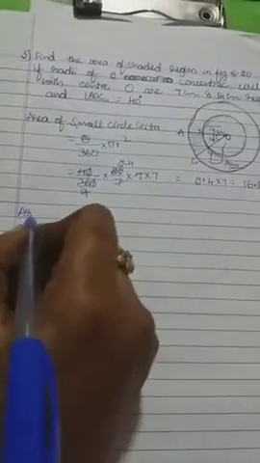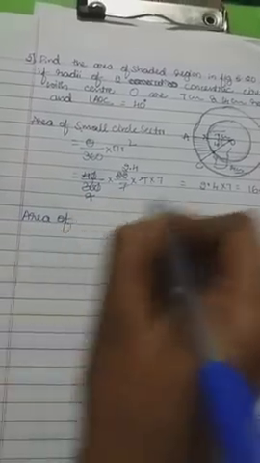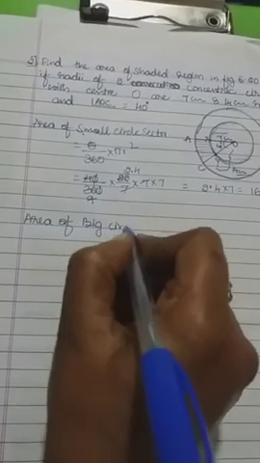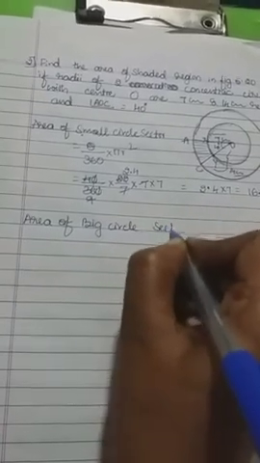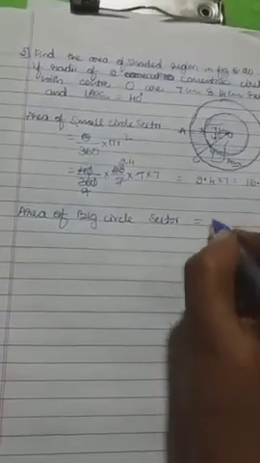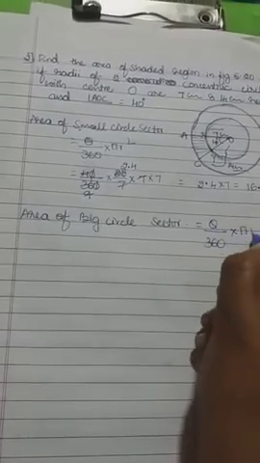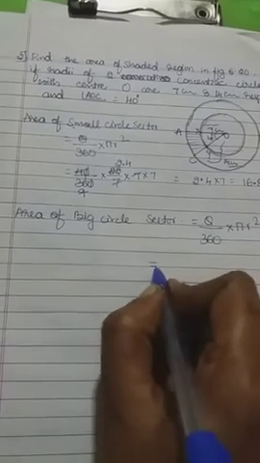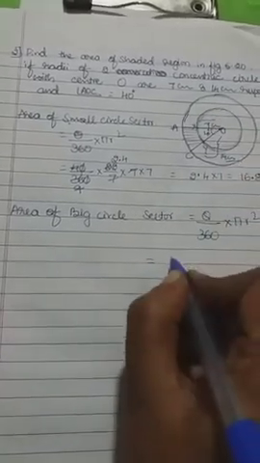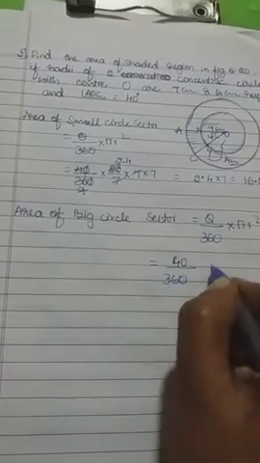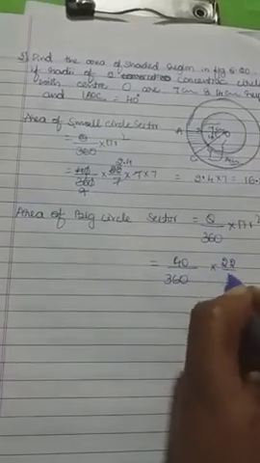Let's find out now the area of the big circle sector. The same formula for this also, theta divided by 360 into pi r square. Let us substitute the values. Theta for both the circles is 40 degree, divided by 360 into pi value 22 by 7 into r will be changed.